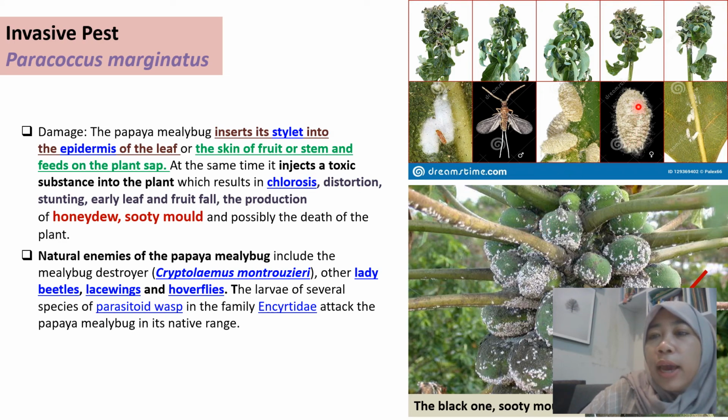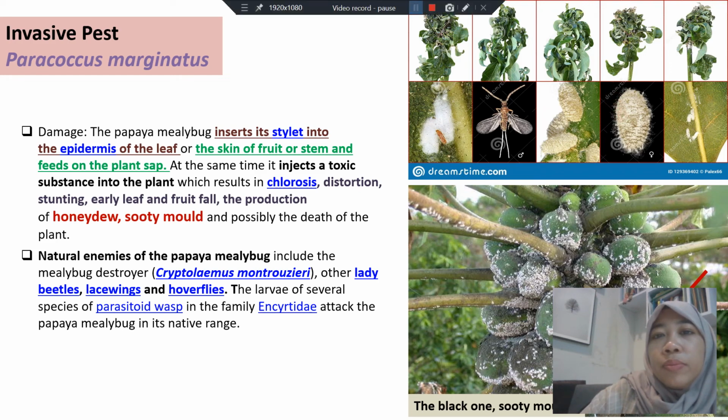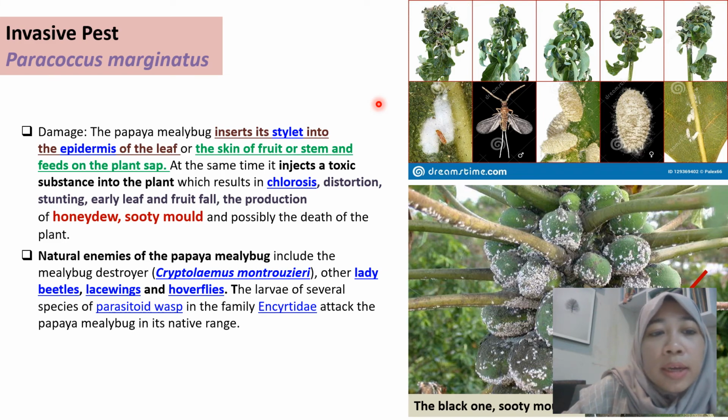This is Paracoccus marginatus, and they also produce honeydew. Like aphids, they also produce honeydew, and this honeydew is a good medium for the growth of sooty mold.